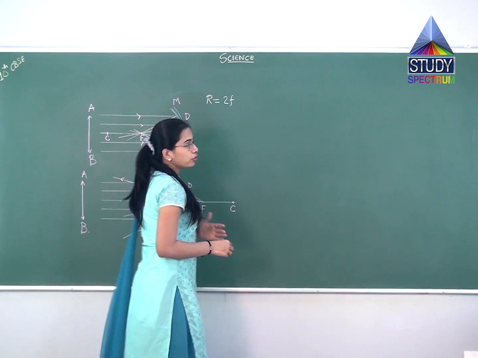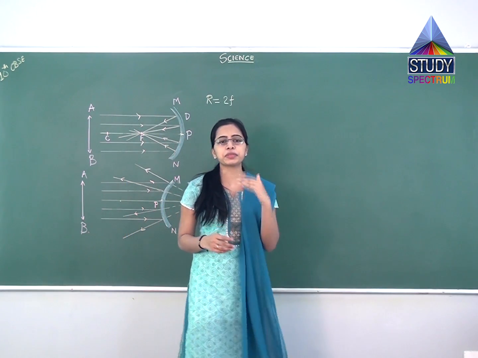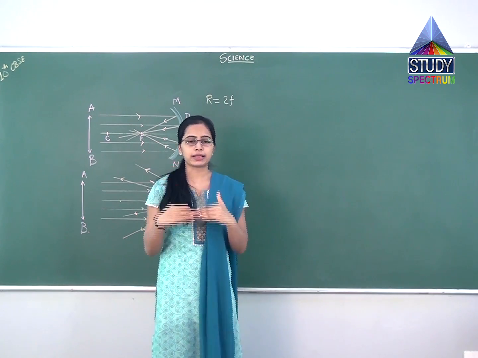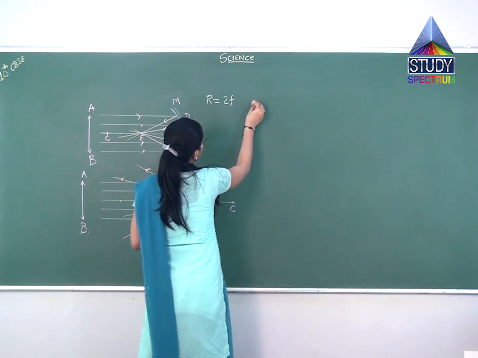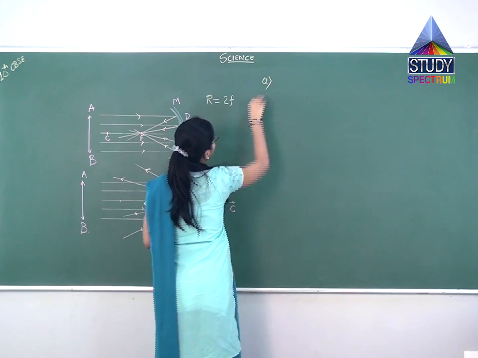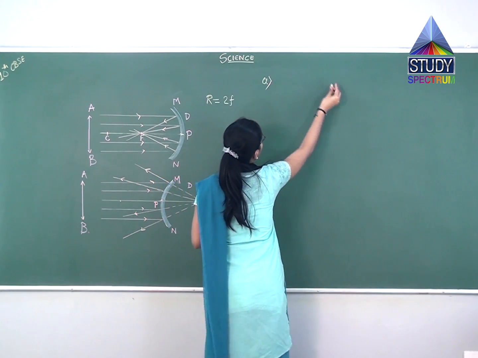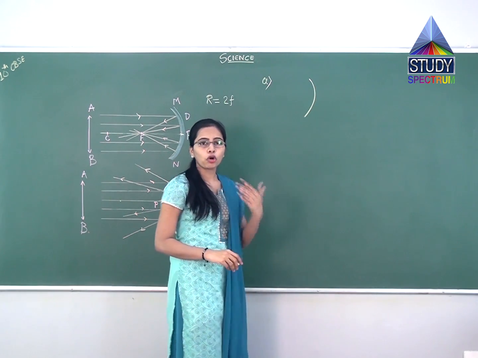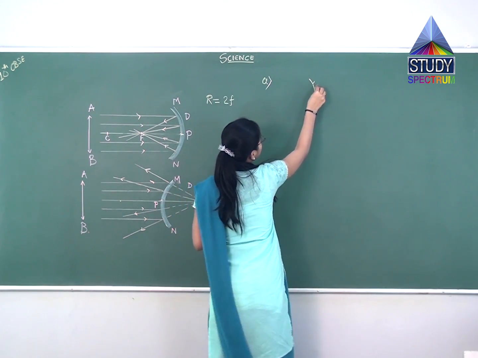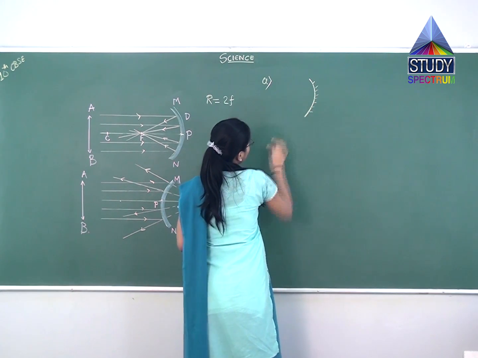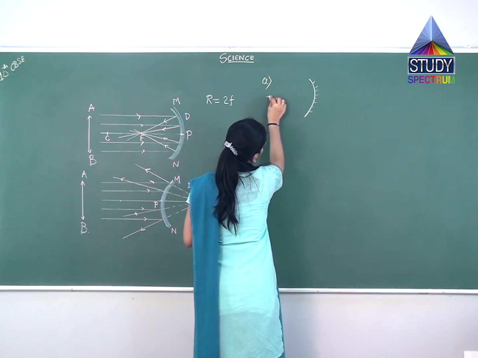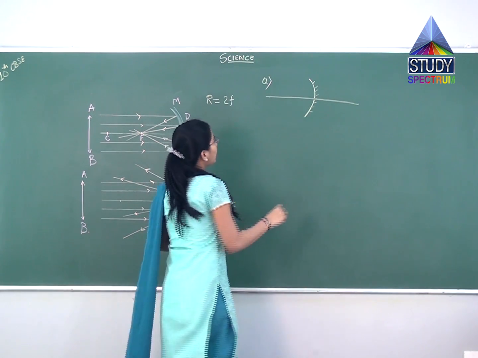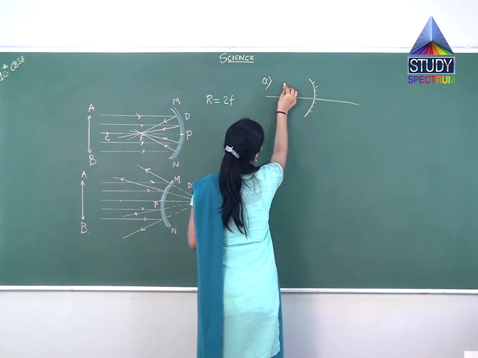I was talking about a ray which is passing parallel to the principal axis. In the first case, you can see, this is a concave mirror. This is the principal axis. Now I am taking a ray.